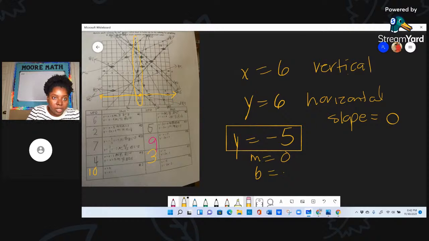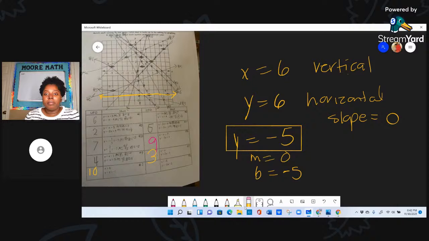Where does this line touch the y-axis? -5. Yeah, so your y-intercept is just -5. I thought you meant the UFO number. So yes, -5. We have our slope is 0 and our b is -5.